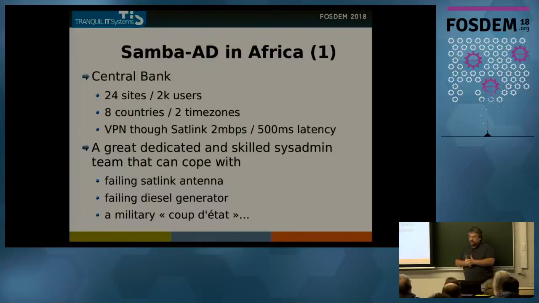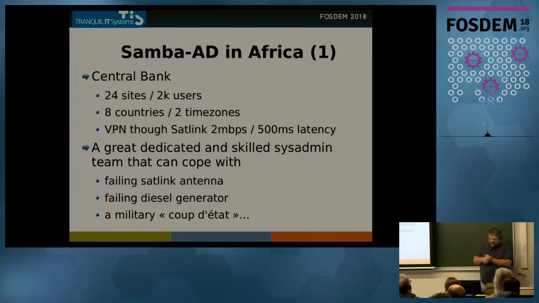So they went to SaMBa Active Directory, not Microsoft Active Directory. We had 24 sites, 2,000 users in 8 countries and 2 time zones. And the VPN was going through a satellite link, 2 megabits per second, and 800 millisecond latency. So the next time you've got issues with your network, just think about them.